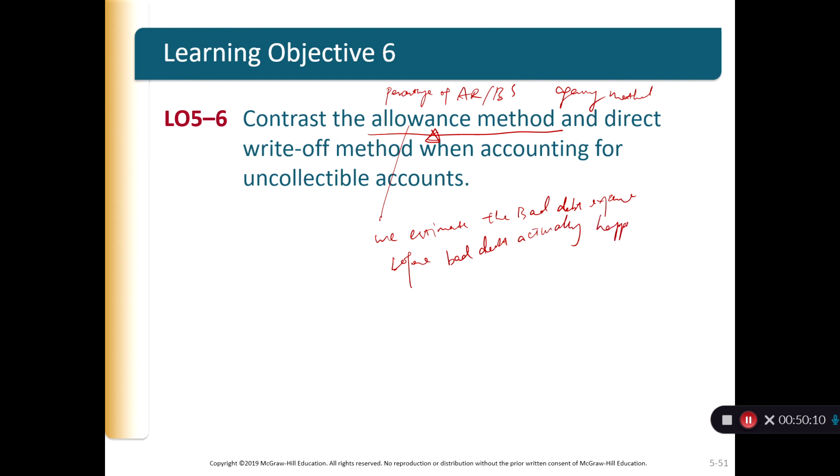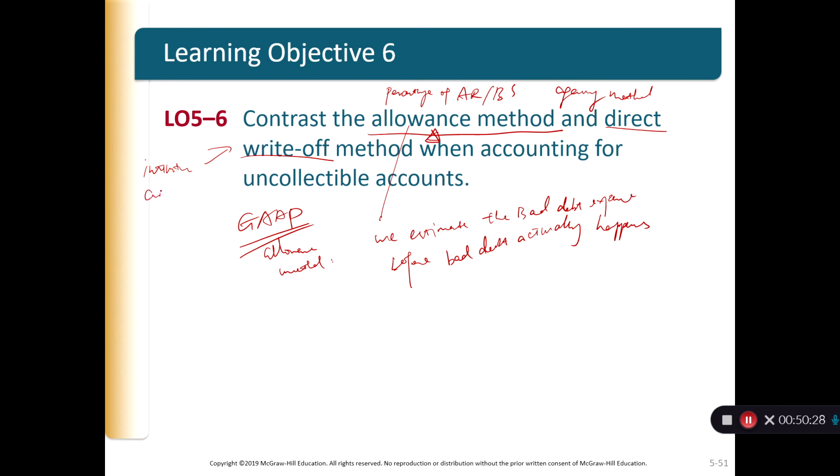This is called the allowance method, and this is what GAAP requires. And there's another method called direct write-off, which is intuitive.